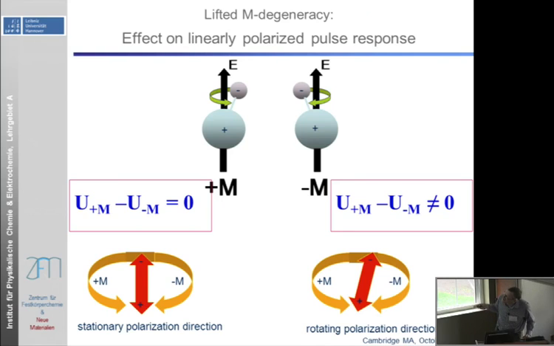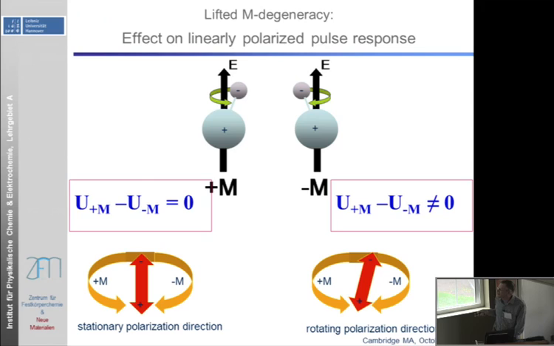If they were exactly degenerate, and one rotates in this direction, the other one rotates in this direction, you would maintain a polarization, the direction of your linearly polarized light. And one of these M states rotates slightly slower, or the other one slightly faster. Then with that energy difference or frequency difference, the polarization direction rotates.